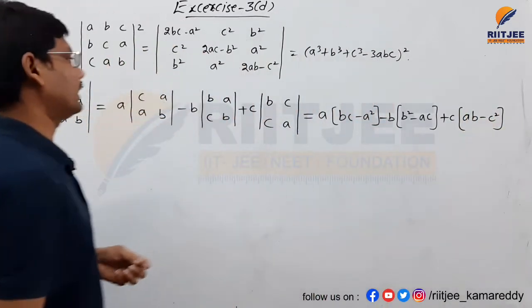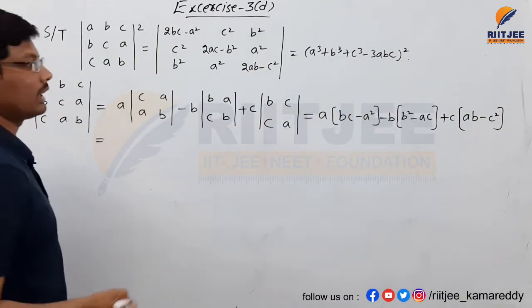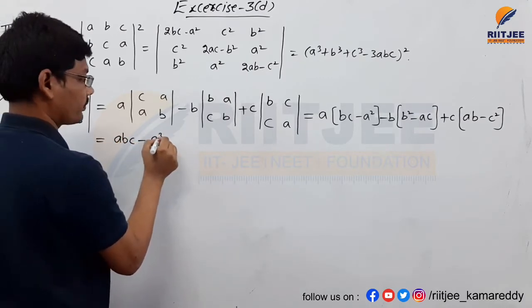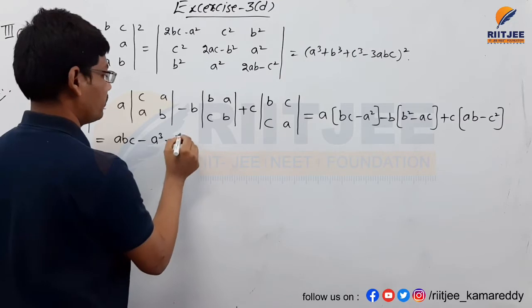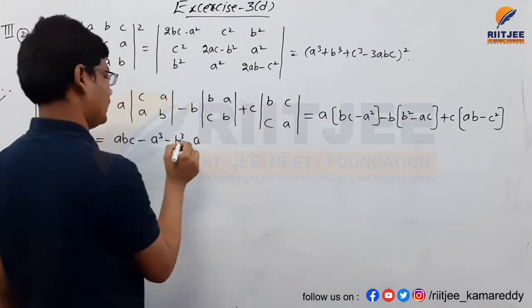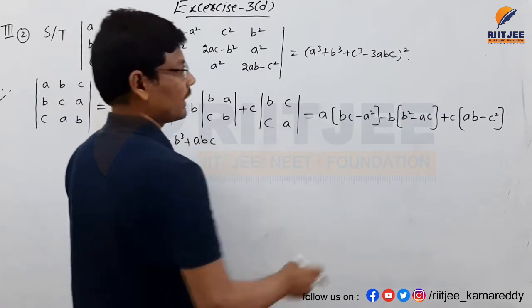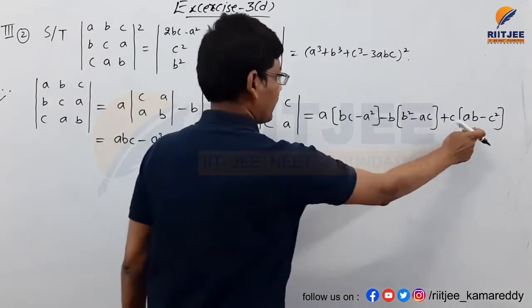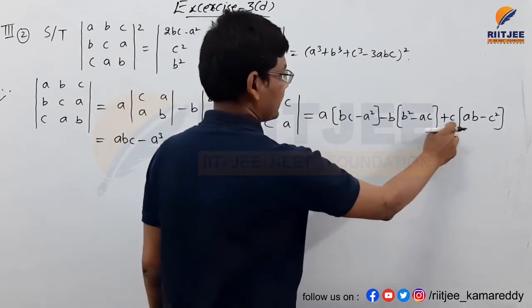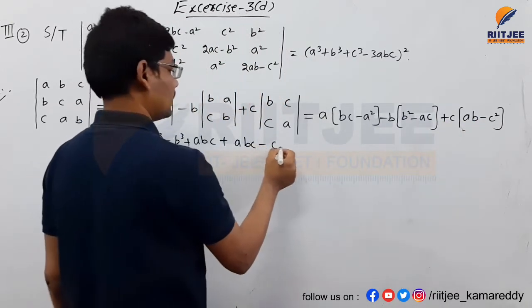Next, let's multiply: ABC minus A cube. Next B cube minus ABC, minus into minus becomes plus ABC here, and plus C into AB becomes ABC again, and plus C into minus C cube.